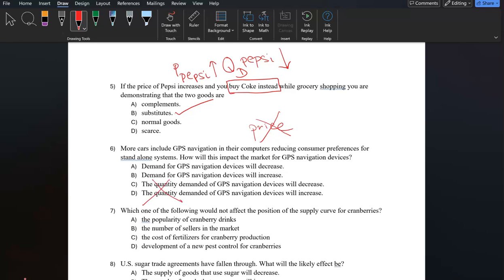So these two are out. Let's see. Consumer preferences are going down. That's going to decrease the demand for GPS navigation devices, or the demand curve for GPS devices will shift to the left.